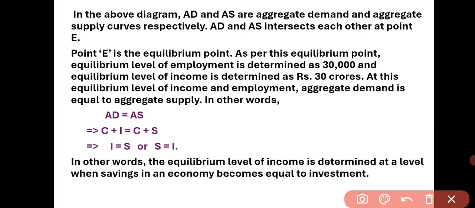Then simply write what is aggregate demand, what is aggregate supply, then write down the combined interaction concept, that is how with aggregate demand and aggregate supply the equilibrium level of income can be attained in an economy.